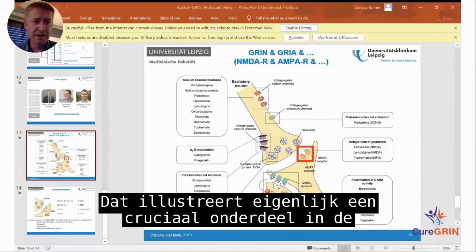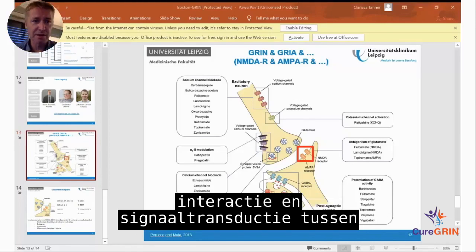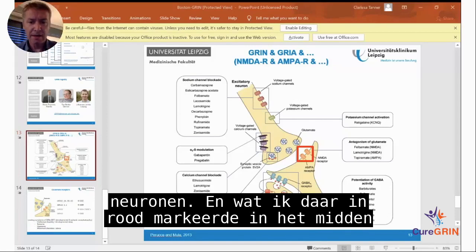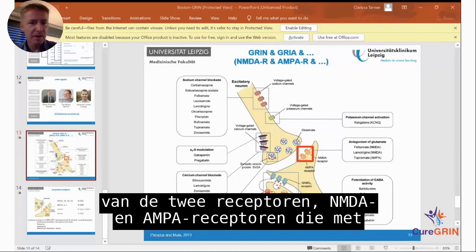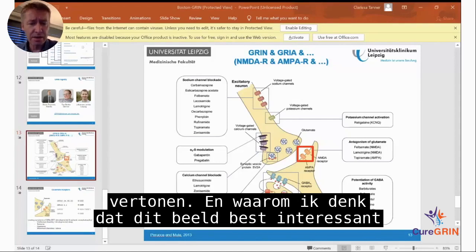Yeah, so that's actually illustrating a crucial part, the synapse, which is crucial for the neurotransmission and the interaction and signal transduction between neurons. And what I marked there in red in the middle are the two receptors, NMDA and AMPA receptors, that interact with each other and that share a lot of similarities.